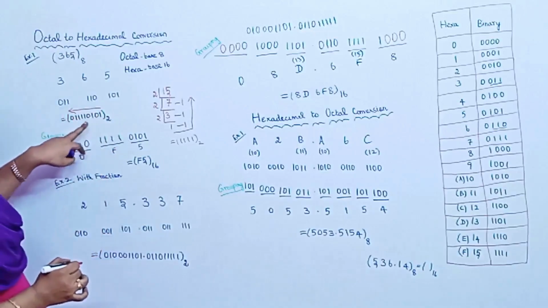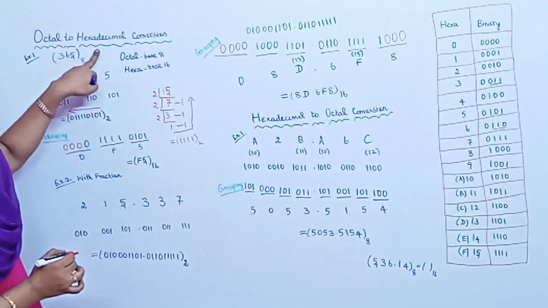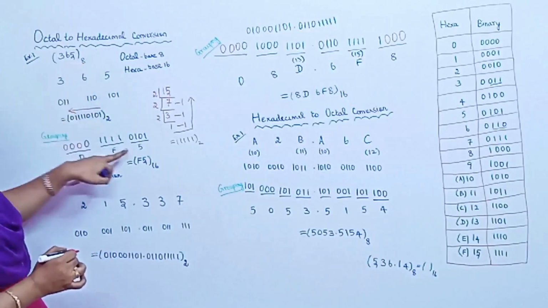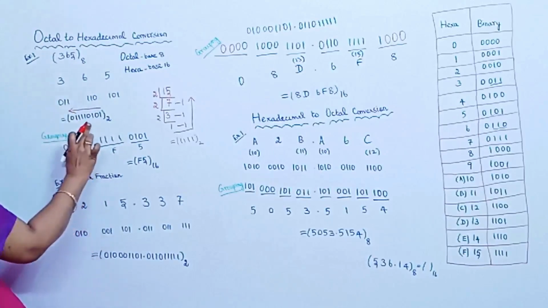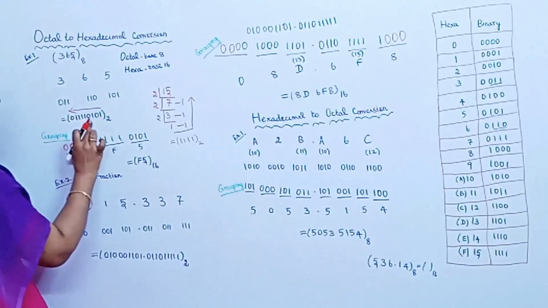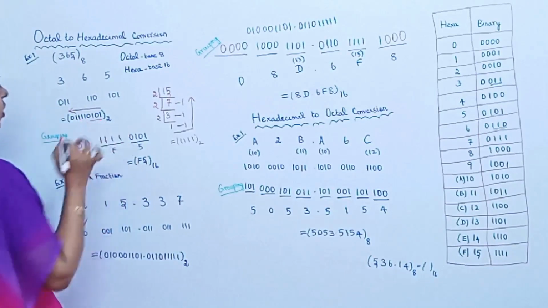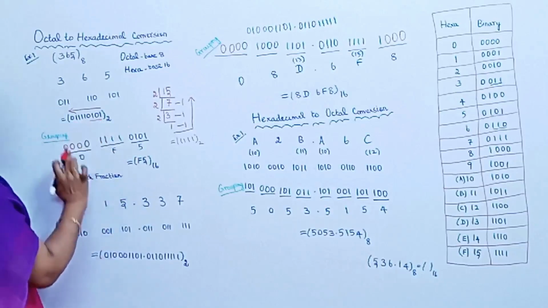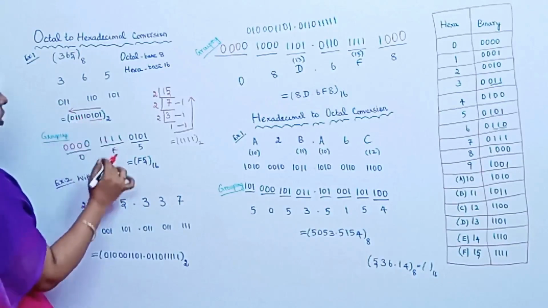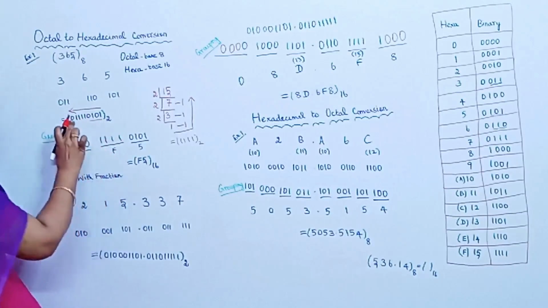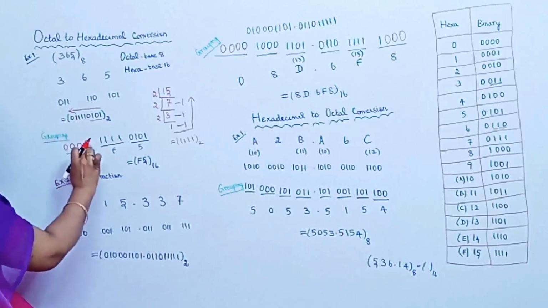Since we want to convert to hexadecimal, it is grouped as 4-digit binary. So the last 4 digits 0101 are grouped here. The next 4 binary digits are 1111, which is grouped here, and at last we are left with only one 0.